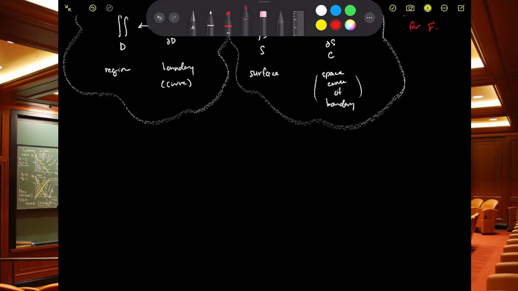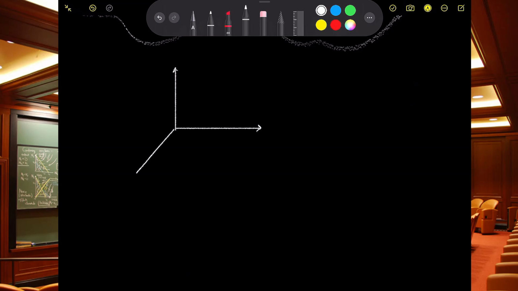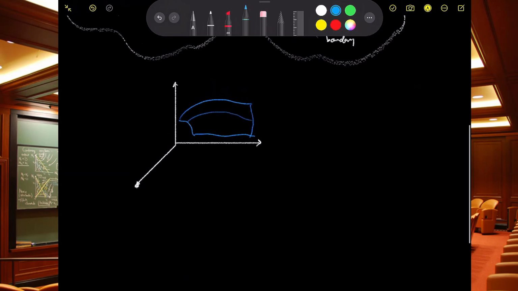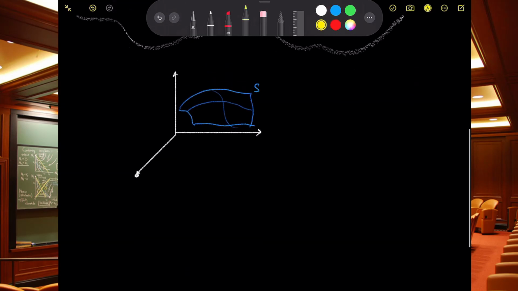All right, so what does Stokes' theorem actually say? Well, if we've got a surface, all right, so there's some 3D surface floating in space here. We'll call this S. Around it is this boundary space curve. We can think of this as being some oriented space curve.